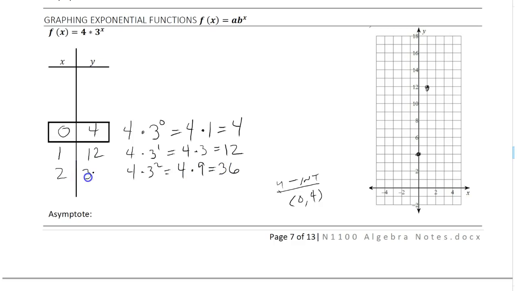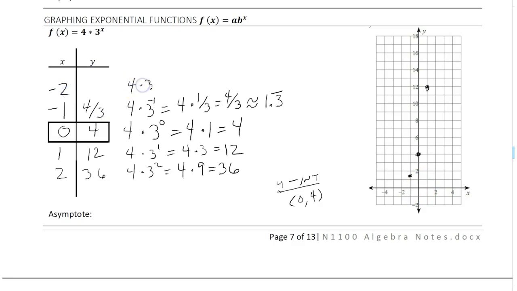2, 36 is off the graph. Let's try negative 1 for 4 times 1/3, or 4/3, which is approximately 1.3. Graph negative 1, 4/3. Try x equals negative 2 for 4 times 3 to the negative 2, or 4 times 1/9, which is 4/9, or approximately 0.4.